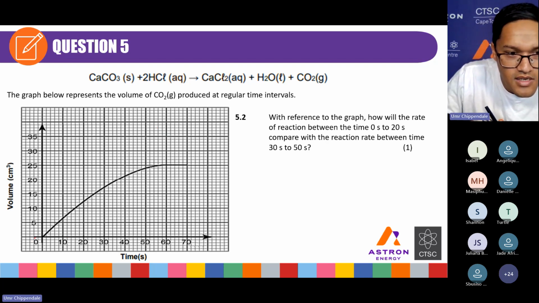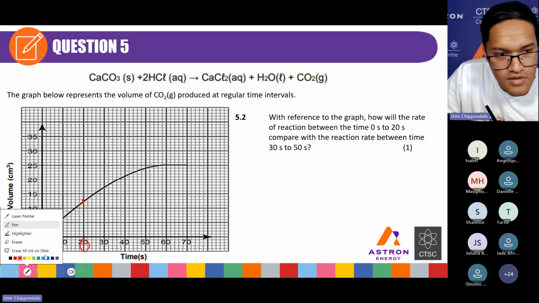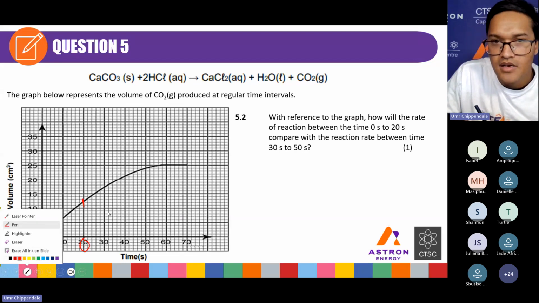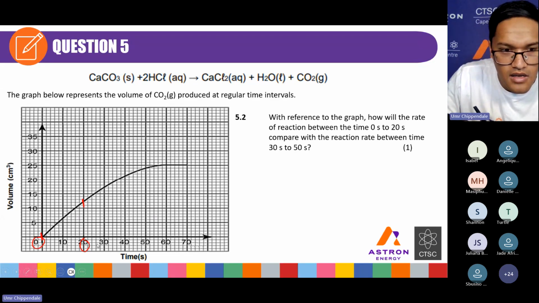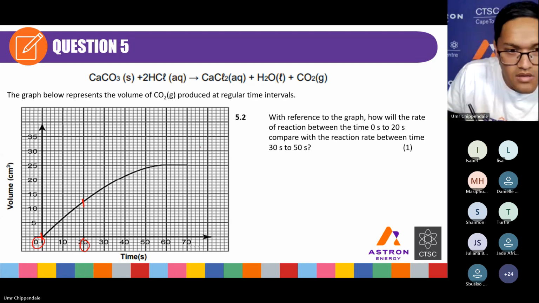So between this one and this one, how the line is going from here to here compared to when we move to, let's go with green, 30. Here we go, 30.